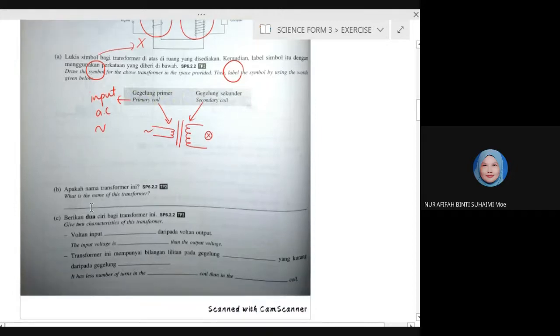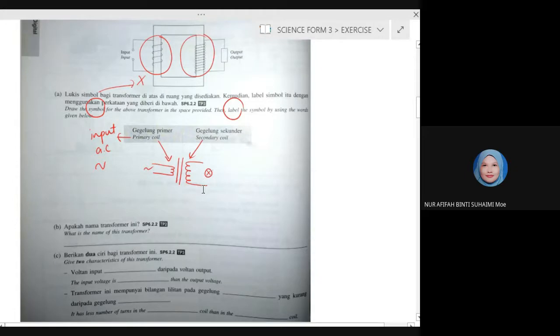Then say the name of the transformer. B. What is the name of this transformer? Okay, how to identify the type of transformer? By looking at the number of turns. So the secondary coil, number of turns of wire at secondary coil more than primary coil, means this one is step up transformer.